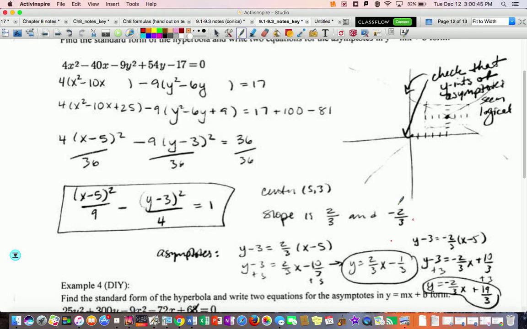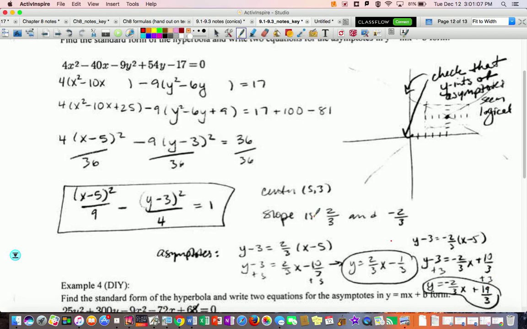Now if you do the negative slope, again, y minus the y of the center, negative 2/3, x minus 5, that's the x of the center, and some of you might have this 3 over here. When you clean all this up, you end up with y equals negative 2/3 x plus 19.